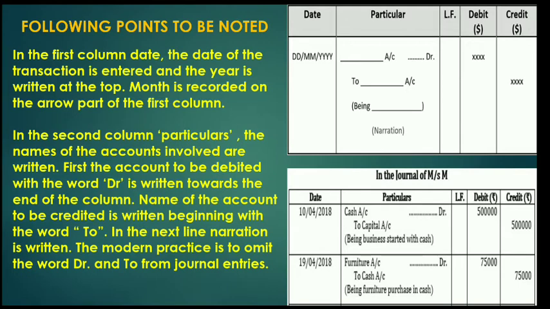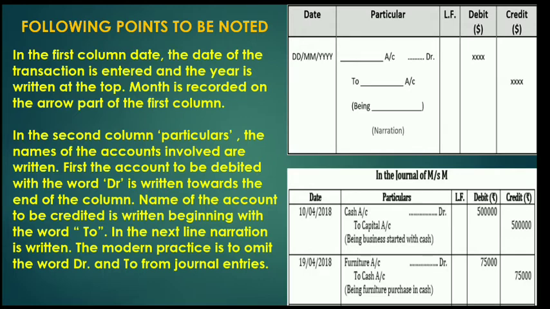Now in the second column, particulars, the names of the accounts involved are written. First, the account to be debited with the word DR. DR stands for debit record. So first the account to be debited with the word DR. Now we can see in the example, the name of the account involved is cash account.